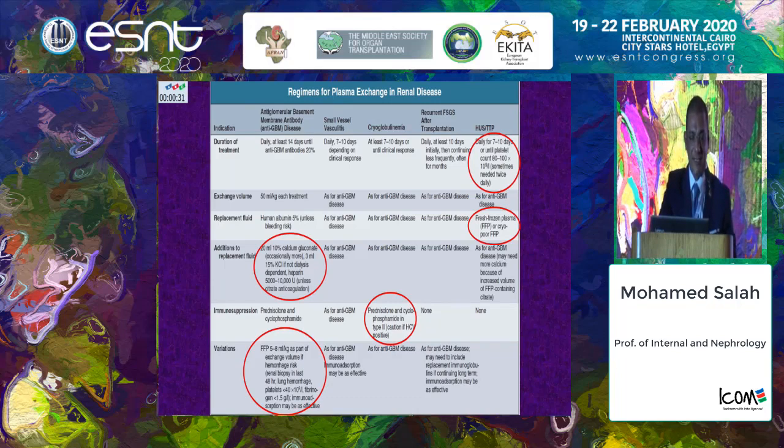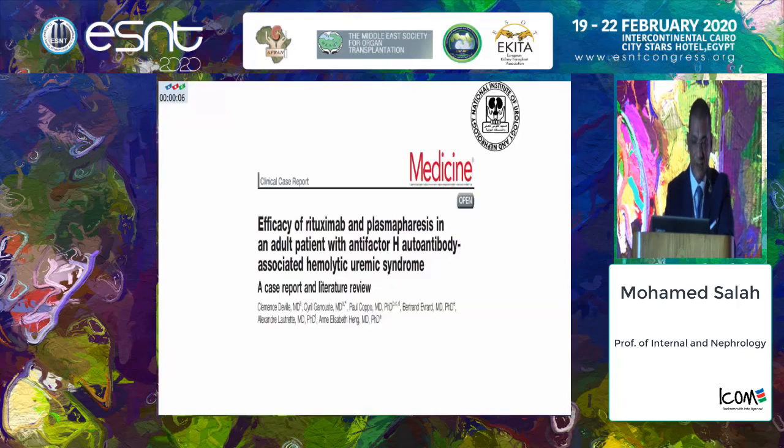Occasionally, you add calcium gluconate and potassium chloride. In immunosuppression, you use prednisolone and cyclophosphamide in type 2 cases of cryoglobulinemia, and there are variations in other modalities you can use, especially in anti-GBM, fresh frozen plasma for 8 milliliter per kg as part of the exchange volume if hemorrhage risk is present.